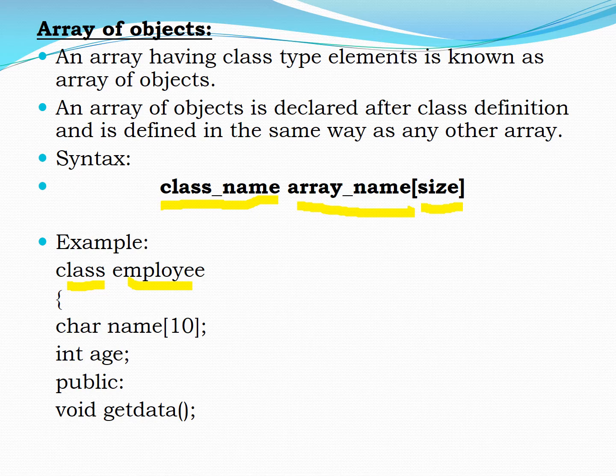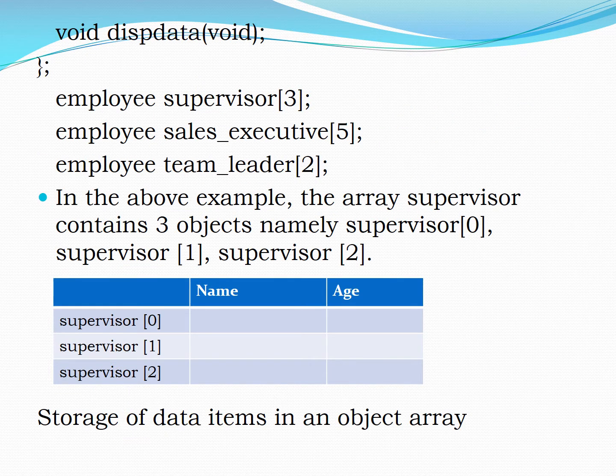In this employee, I have a data member name, of data type char with a size of 10, and age. I have created one member function called get data and one more member function called display data with a return type of void. Now I'm going to close the class.